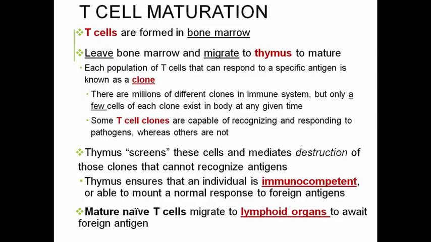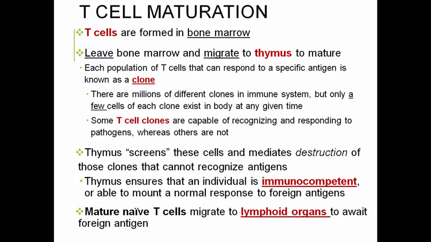So we know that the thymus gland creates the hormones that are involved with T cell development. It also, with the reticular structure of the gland itself, screens the cells and mediates when cells need to undergo destruction, and the ones that can't recognize foreign antigens, of course, that's part of the self-test to make sure that they don't attack self cells, only foreign cells, those would be destroyed also.